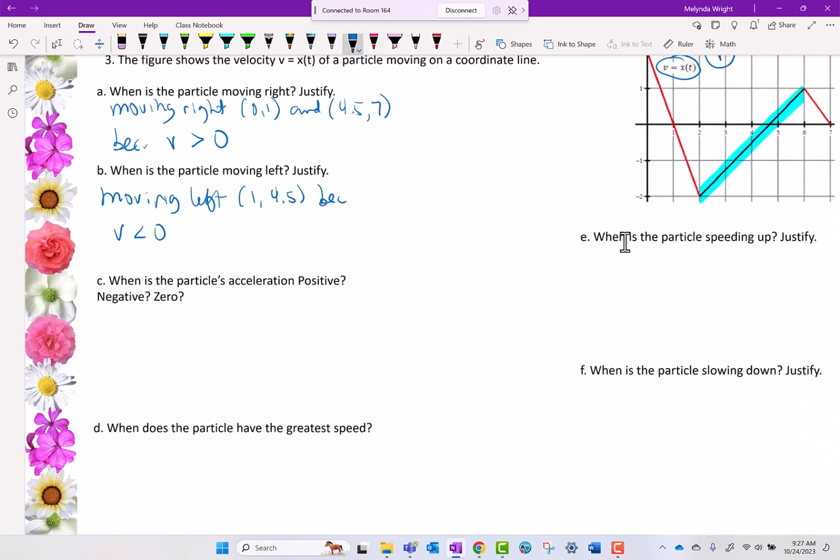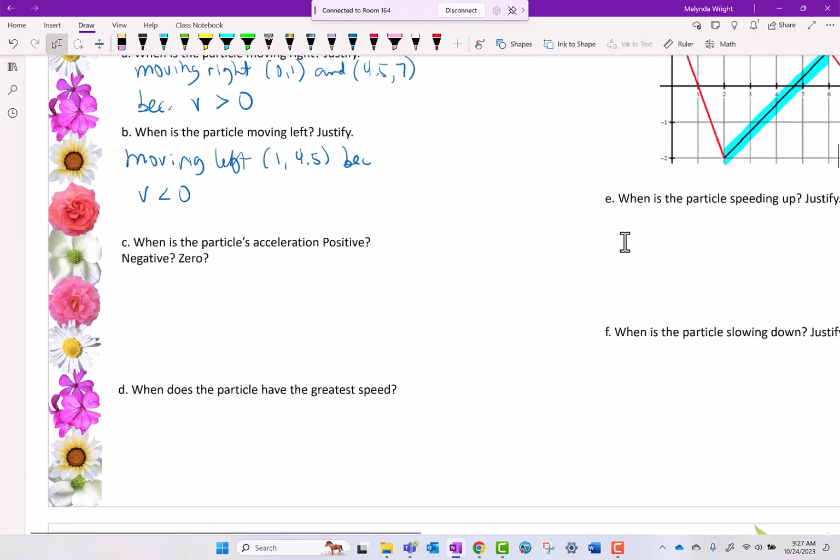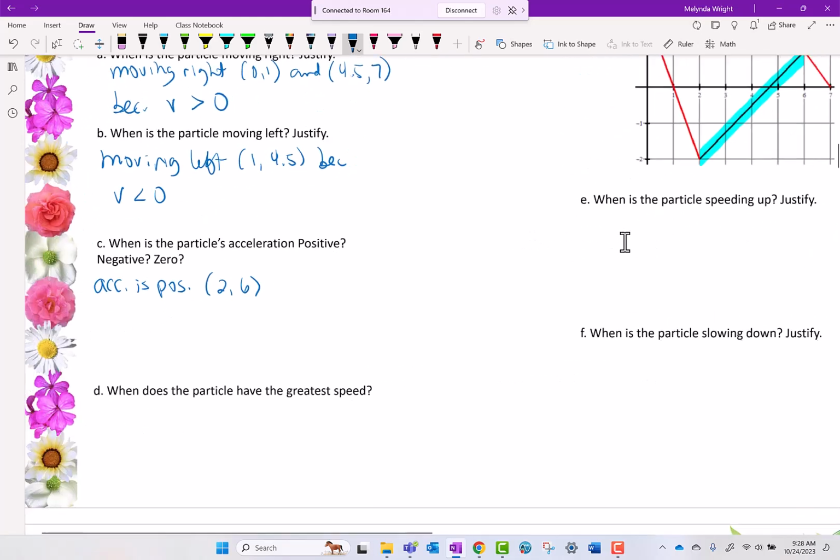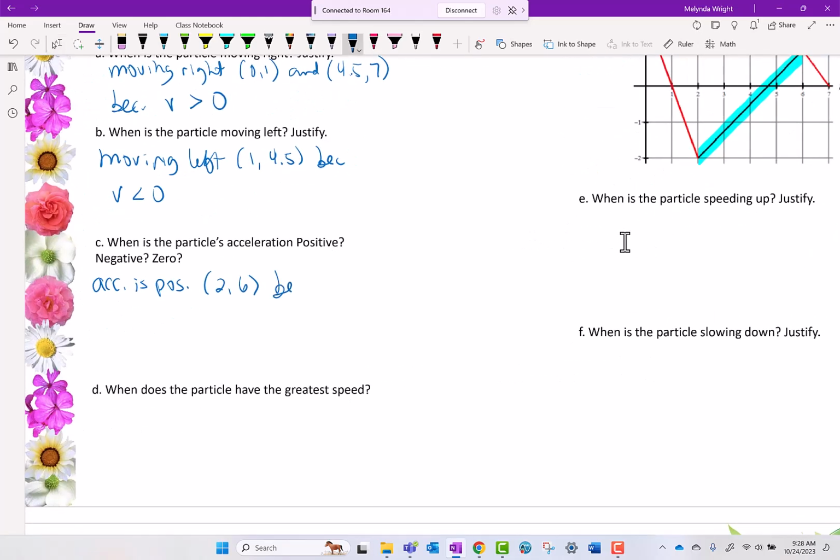Okay, so acceleration is positive between 2 and 6 because acceleration is greater than 0.